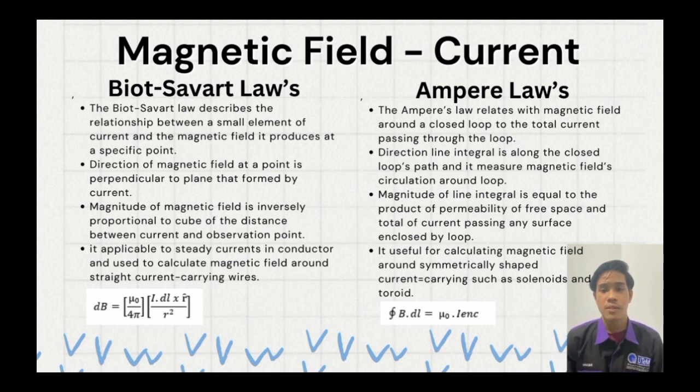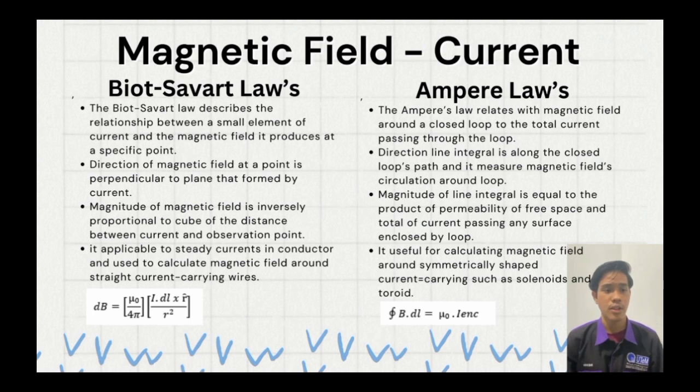The magnitude of the magnetic field is inversely proportional to the square of the distance between the current and the observation point. It is applicable to a steady current in a conductor and is used to calculate the magnetic field around straight current-carrying wires. The unit used is the Tesla.